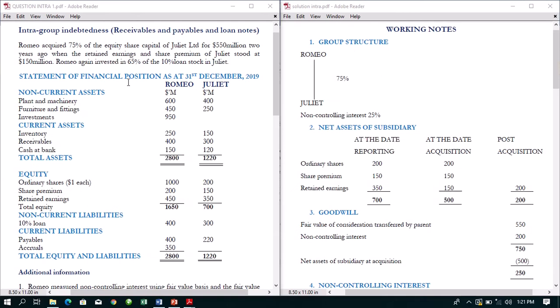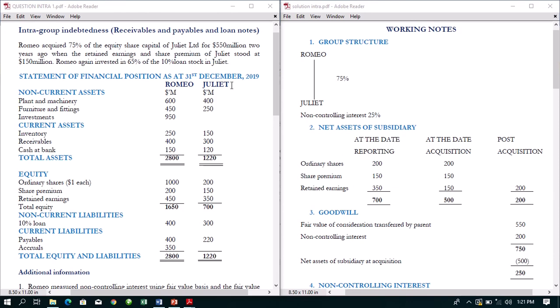So question 1 says Romeo acquires 75% of the equity share capital of Juliet Limited for $550 million 2 years ago, when the retained earnings and share premium of Juliet stood at $150 million. Romeo again invested in 65% of the 10% loan note in Juliet.